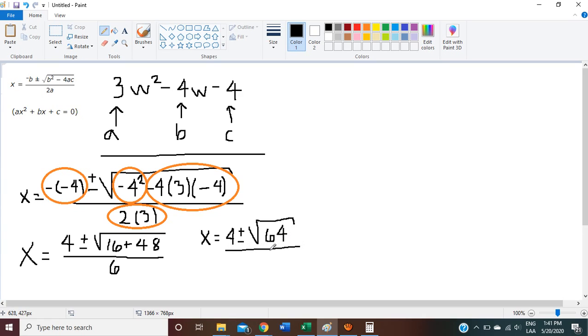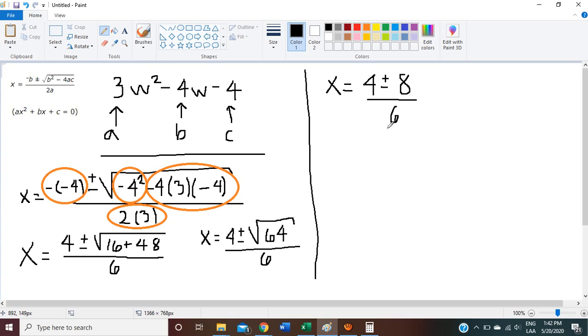And all of this is going to be divided by 6. Now x equals 4 plus or minus, and I am going to solve this. What is the square root of 64? What number multiplied by itself gives me 64? It is 8. All of this divided by 6.